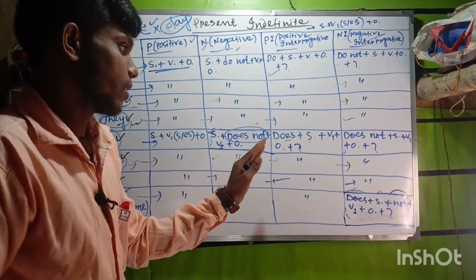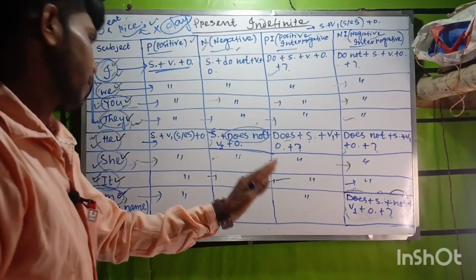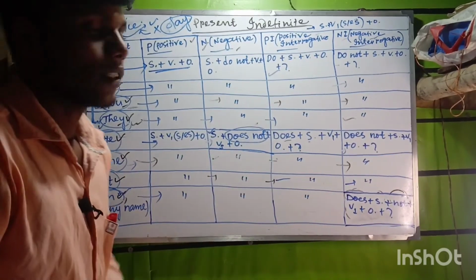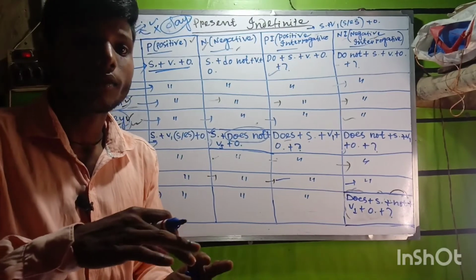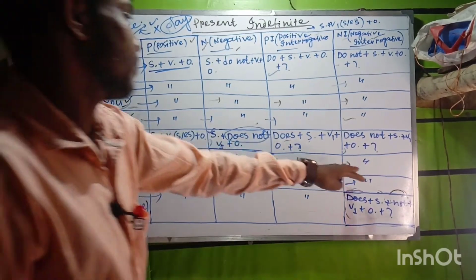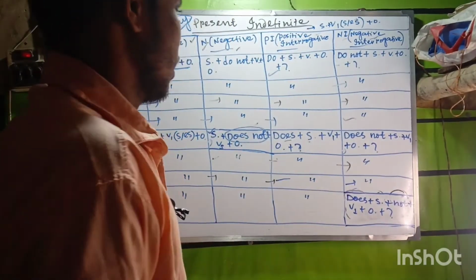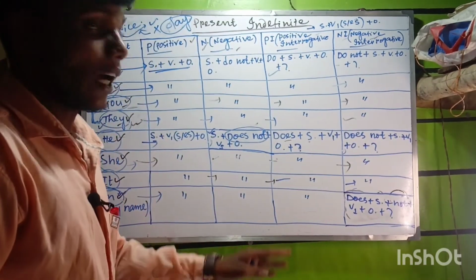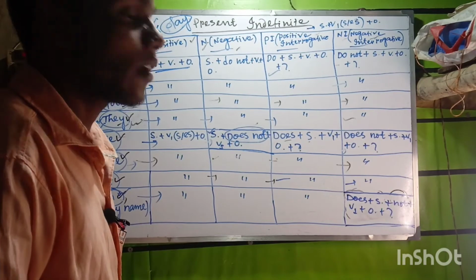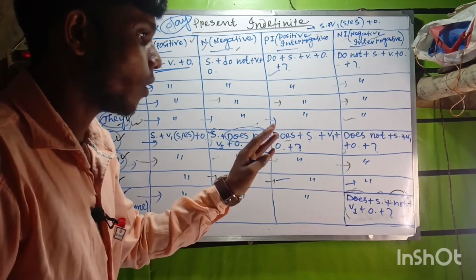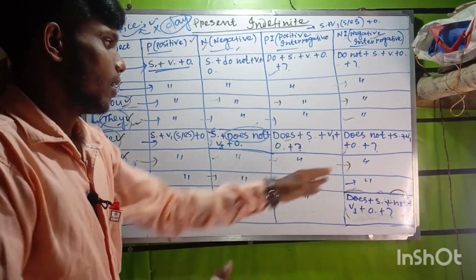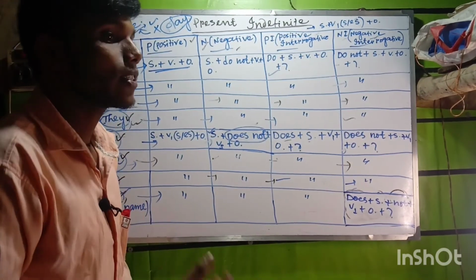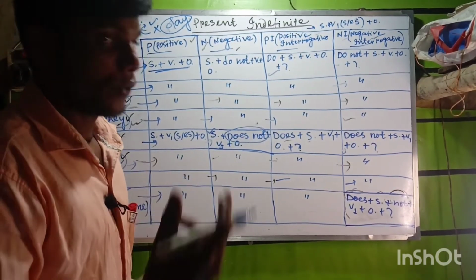If I don't extend, does she play? Or, sorry, does she play chess? And the negative interrogative, doesn't she play? If I extend or if you extend, doesn't she play volleyball? Doesn't she play football, etc.